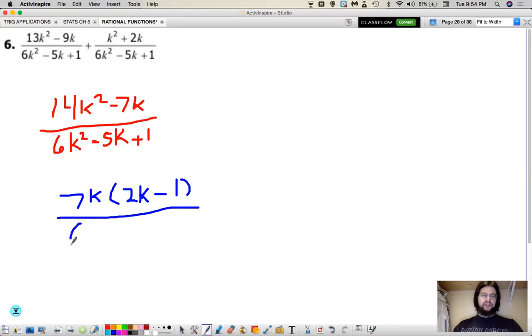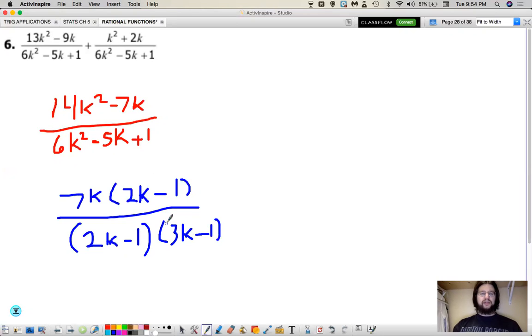Bottom, factor it. Let's see. That's a positive. That needs to be negative. So both have to be negative. 2 and a 3 makes 5. 2k plus 1. Or minus 1, sorry. And 3k minus 1.